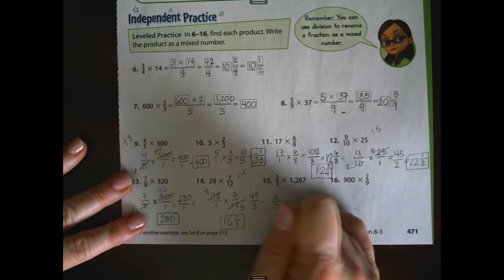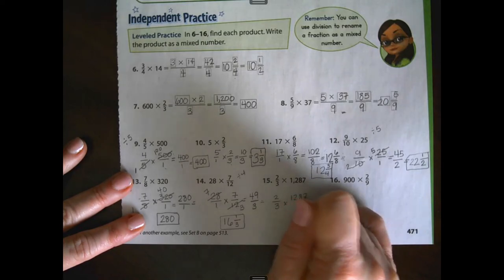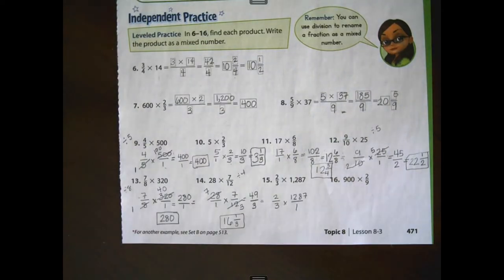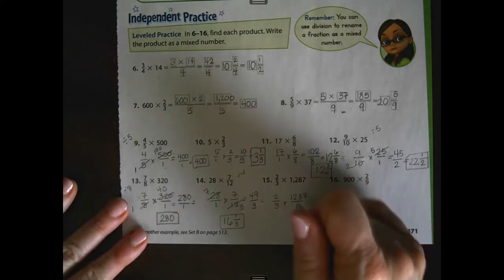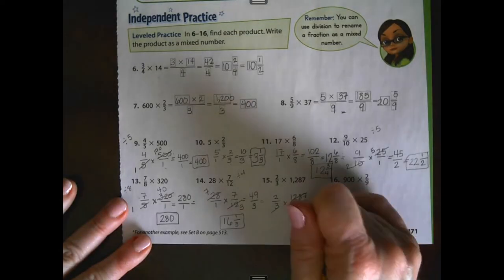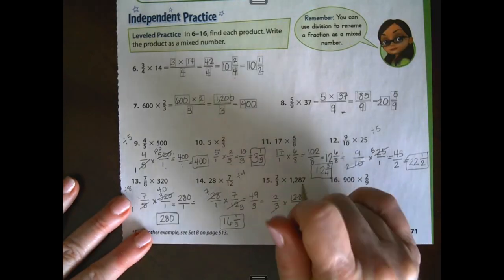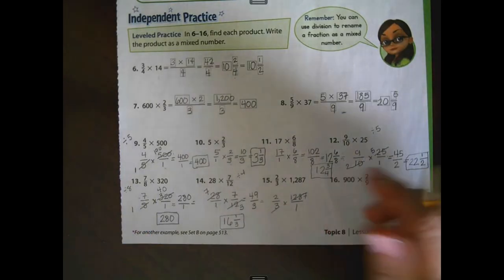2/3 times 1,287 over 1. I'm going to go out to the side and see if by chance 1,287 is divisible by 3. And it is. It actually goes into 1,287 429 times.